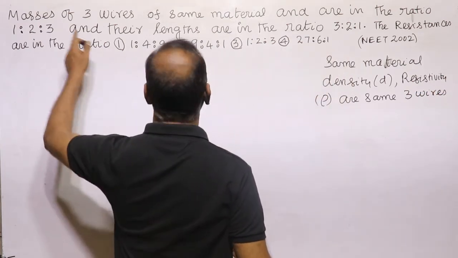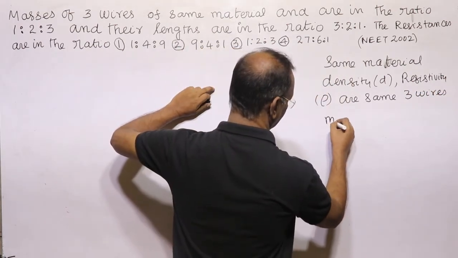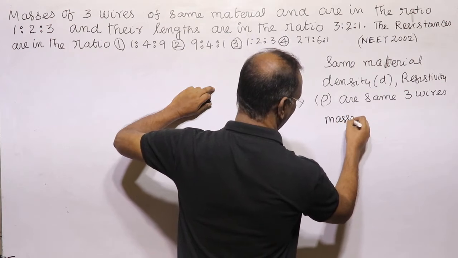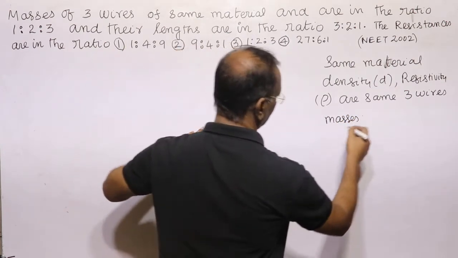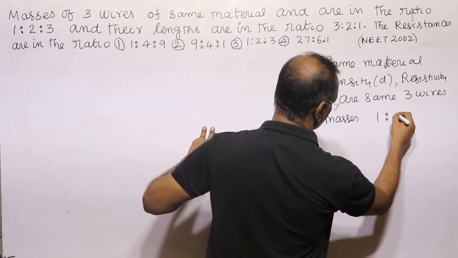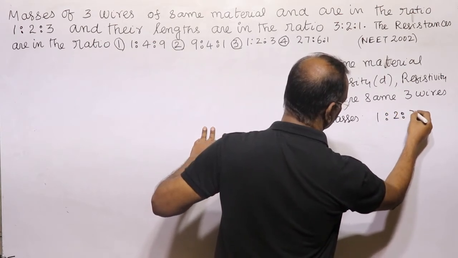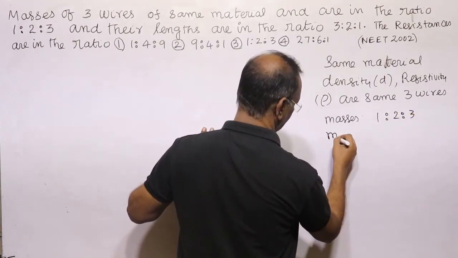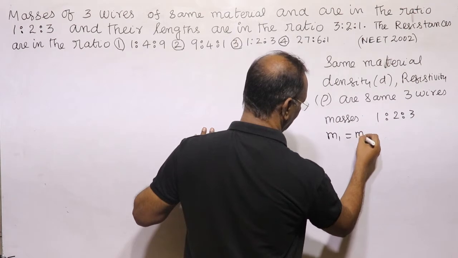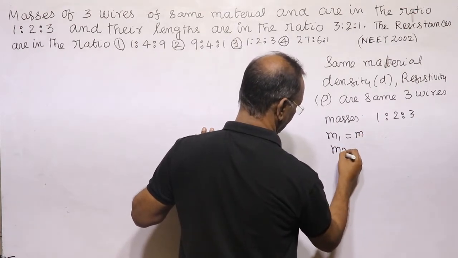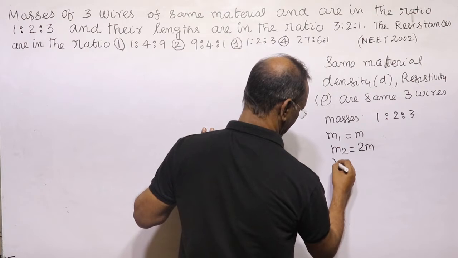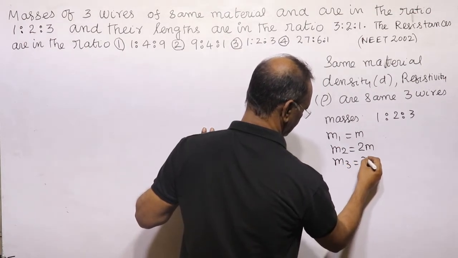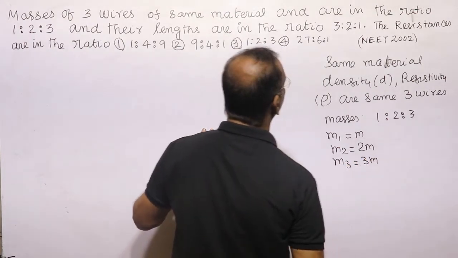First, the masses of the three wires are in the ratio 1:2:3. That is M1 is equal to M, M2 is equal to 2M, and M3 is equal to 3M.